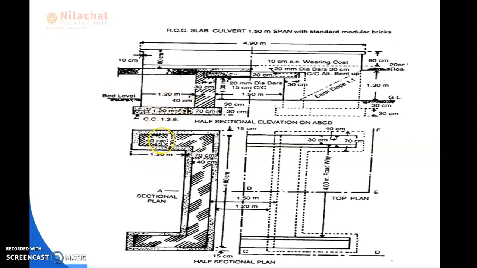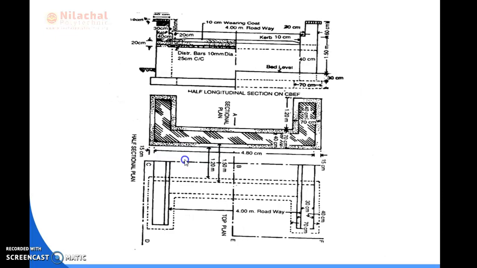But here, with offset, the length is 1.20. Which offset? The cement concrete offset. The offset distance is 15 centimeter, because the offset thickness is 30. So 1.20 meter minus 0.15 meter, 15 centimeter being 0.15 meter.